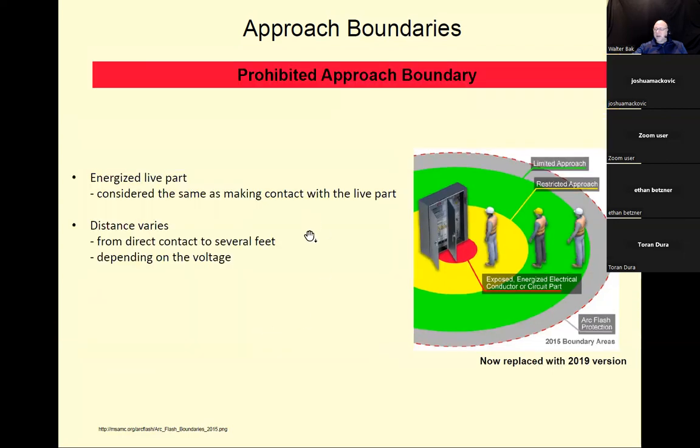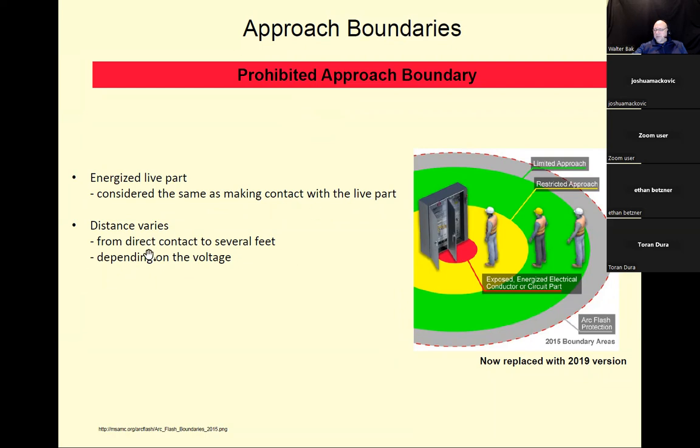Remember that one? All right, and here is the prohibited approach. That's the closest area to the arc flash boundary. This is basically standing at the energized live part, considered the same as making contact with the live part.